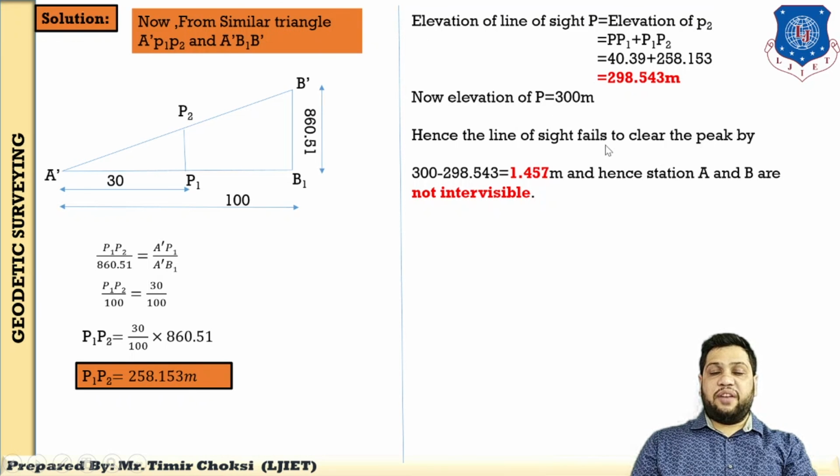Hence the line of sight fails to clear the peak, because the elevation given is 300 but the answer is 298.543. So the line of sight fails by 1.457 meters. So stations A and B are not intervisible, because the line of sight fails to clear this obstruction.